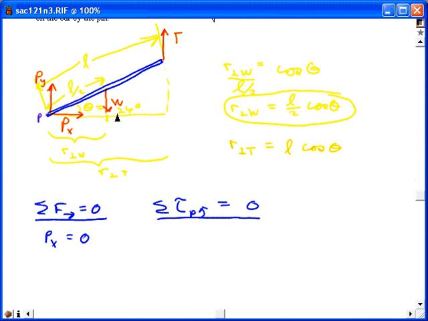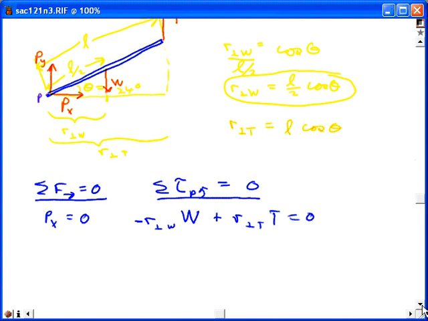So I'll have the torque due to W, which will tend to rotate things around clockwise, and it'll be r perp W times W with a minus sign because, again, it tends to rotate things around clockwise, and I said I'm calling counterclockwise the positive direction. T would tend to rotate the bar around counterclockwise, so it comes in with a positive, and I go plus r perp T times T equals 0.